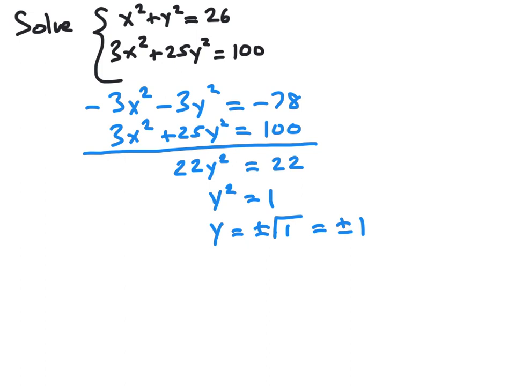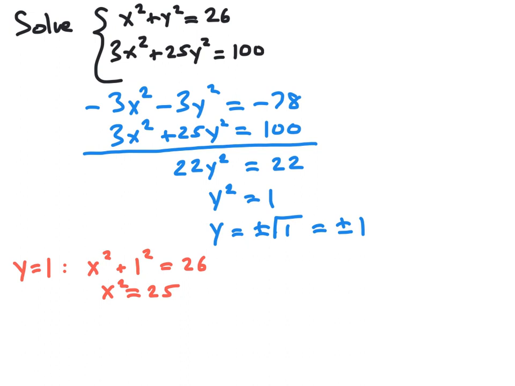So now that we have our two possible values for y, we can substitute each of them separately into one of our original equations and solve for x. So we'll use the first equation here since it's a little bit simpler. And so if I let y equal 1, we're going to get x squared plus 1 squared is equal to 26. 1 squared, of course, is 1, which we can subtract, and we get x squared equals 25.